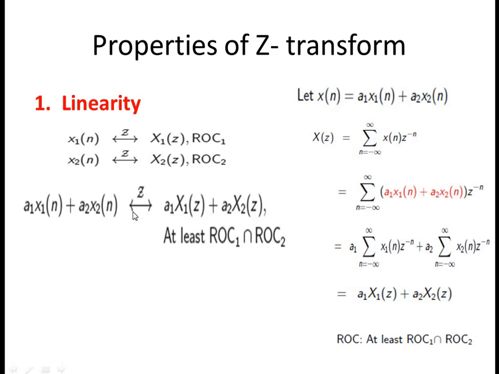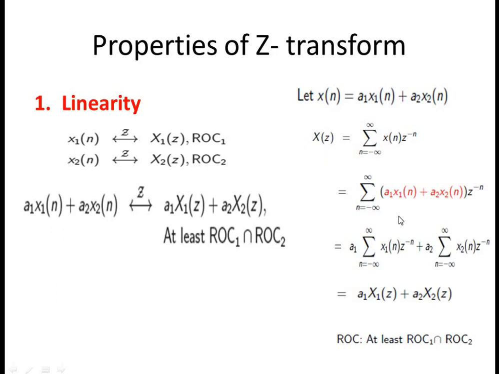Now we are going to prove this linearity property. We can take the left hand side as the input, that is x of n equals a1 x1 of n plus a2 x2 of n. This is the general formula for the Z transform, and you can replace this x of n.